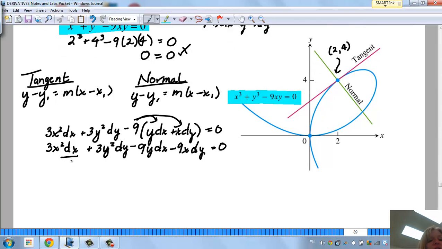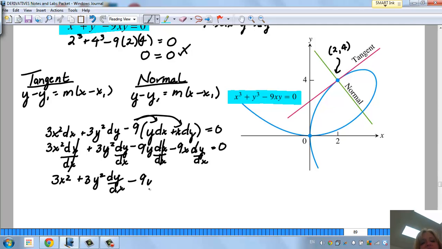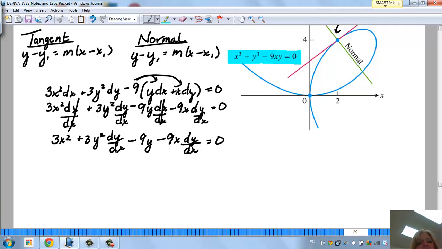Now go through and divide through by dx, so the dx's will of course disappear. So this is gone. Thanks for playing. This is gone. So I have 3x squared plus 3y squared dy/dx minus 9y minus 9x dy/dx equals 0. So again, we're going to isolate the dy/dx's.